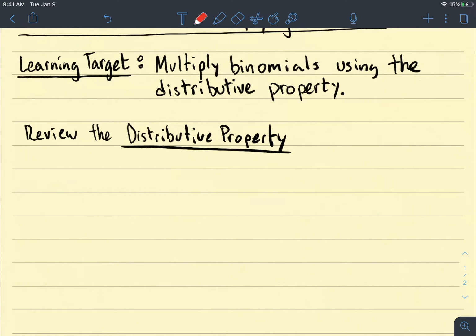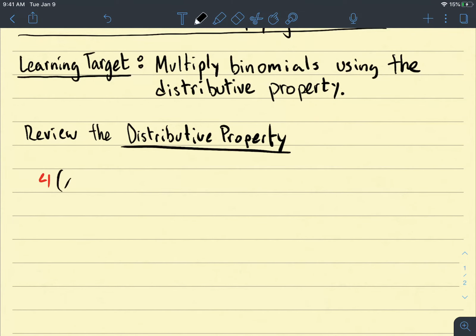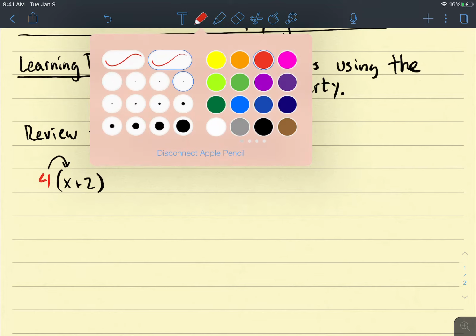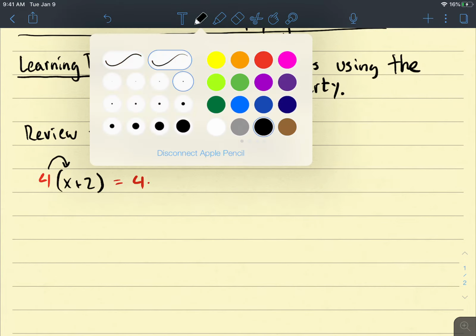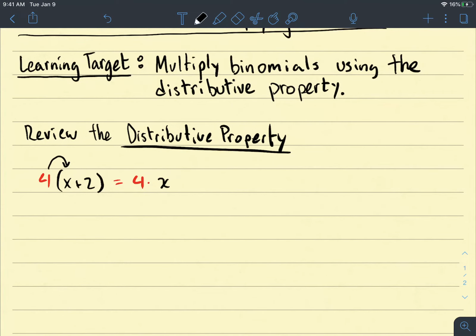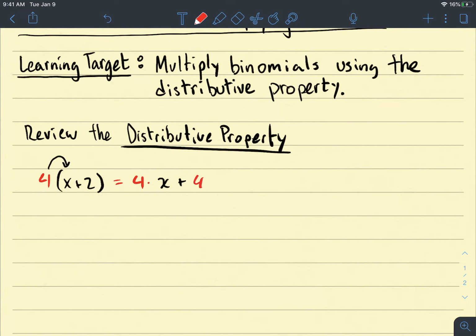So since we have a fire mixtape, 4 is gonna be our fire mixtape in this case, and x plus 2 is going to be the people we want to give it to. X is a person and 2 is also a person. To distribute, you're going to do 4 times x. You keep the plus, and then you have 4 times 2.